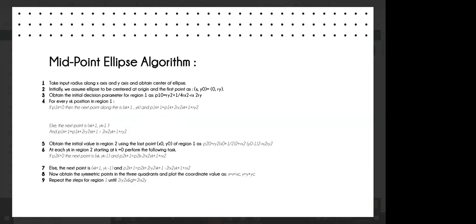So take the radius along the x-axis and y-axis and obtain the center of the ellipse. Initially we assume the ellipse to be centered at the origin and the first point as (x0, y0), I mean (0, ry).